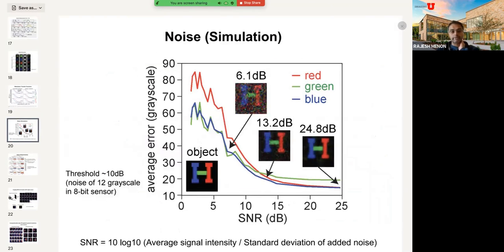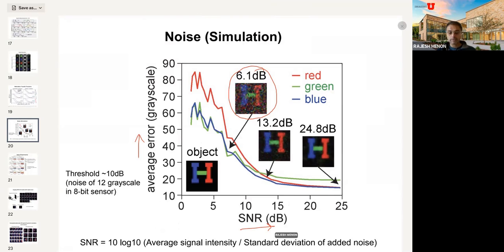Effective noise is actually very important in all these applications. In fact, in many imaging applications and sensing applications, noise is the key limiting factor. So this is only a simulation, but it gives you a picture of what happens if you have a very noisy picture. The reconstruction starts failing. This is plotting the average spectral error in grayscale units versus the SNR.